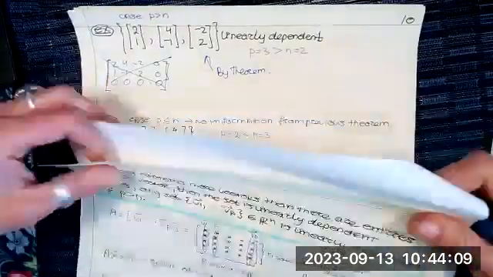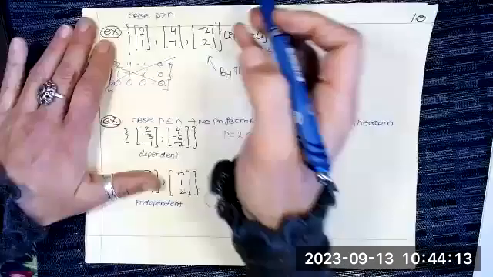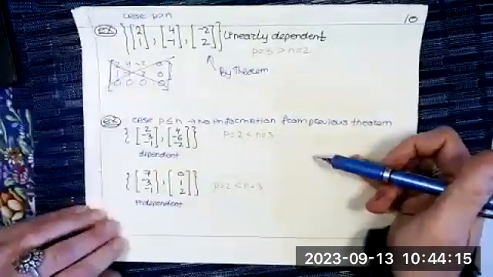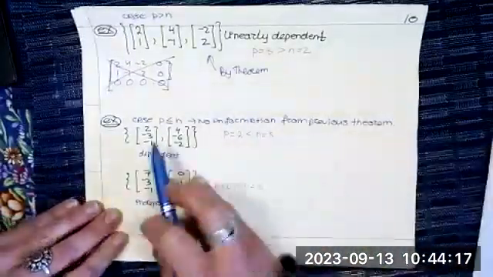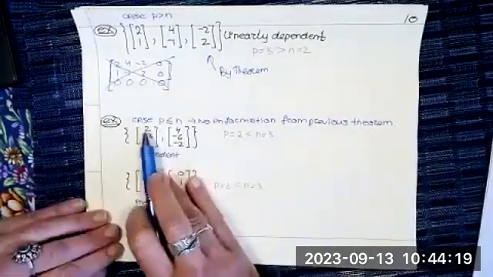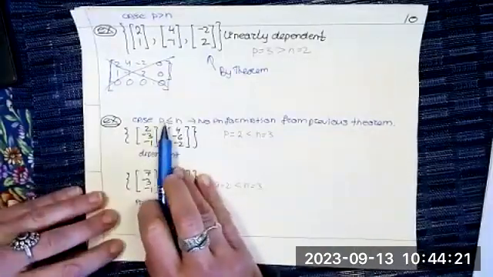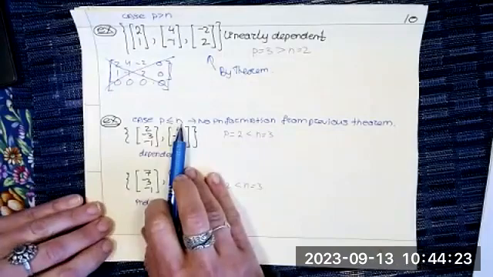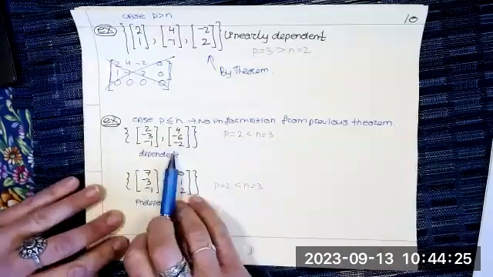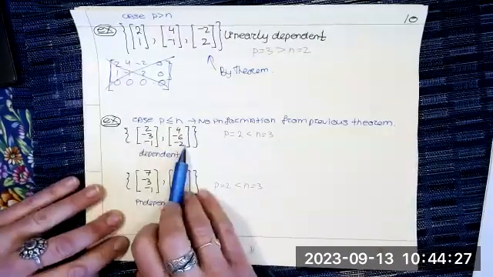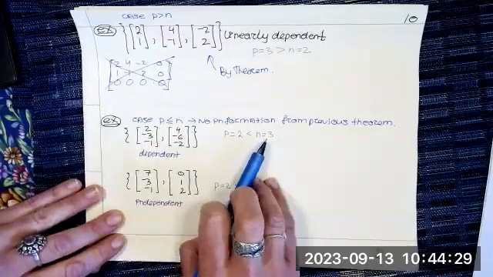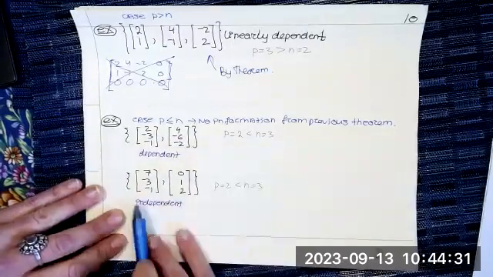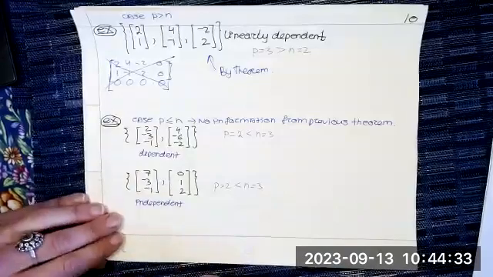But it doesn't really work in the opposite direction, right? For P greater than n, yes, I can conclude the set is linearly dependent, but I can't conclude it has to be linearly independent just because P is less than or equal to n. I can have a set of 2 vectors in R3, 2 vectors of dimension 3, and it could be dependent or independent.